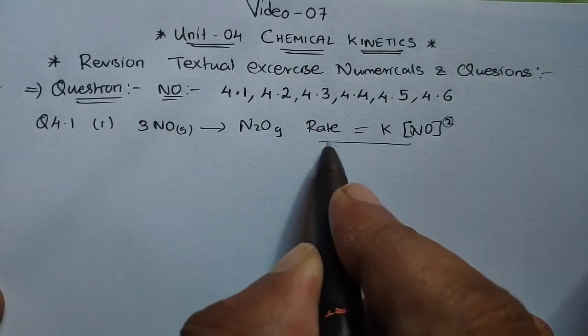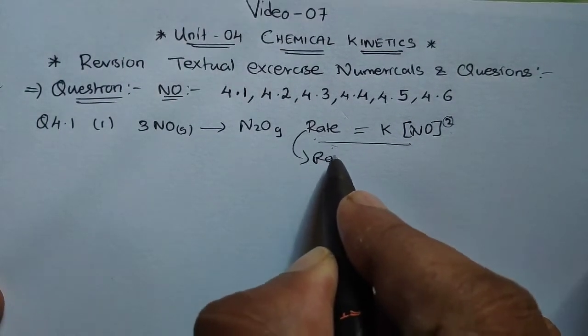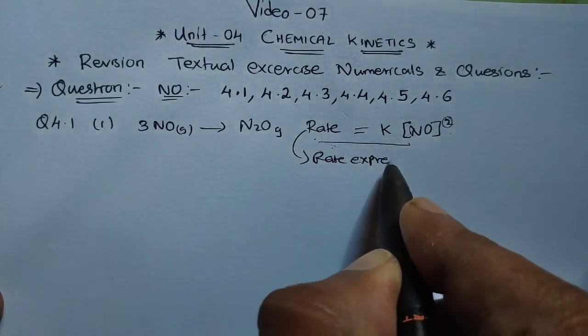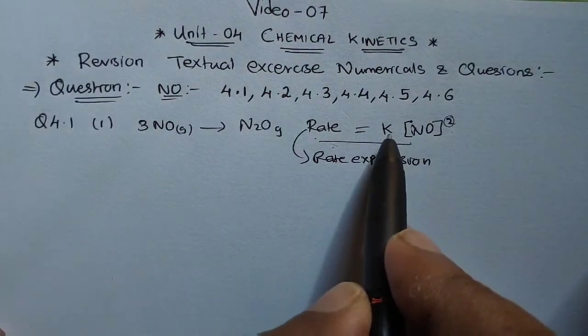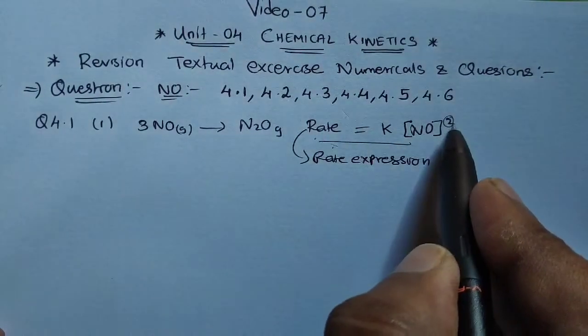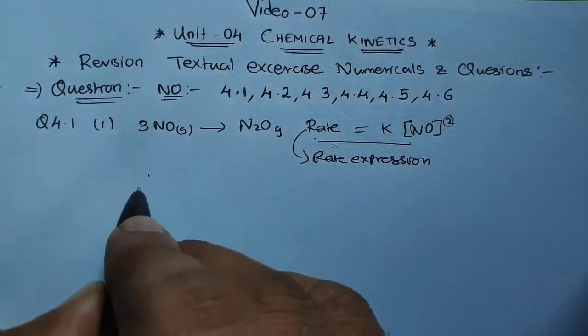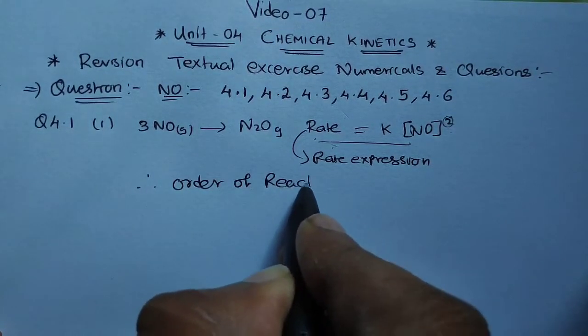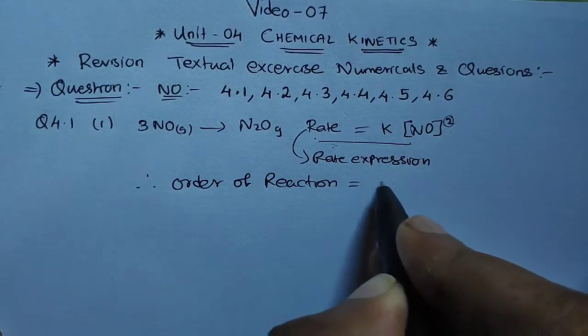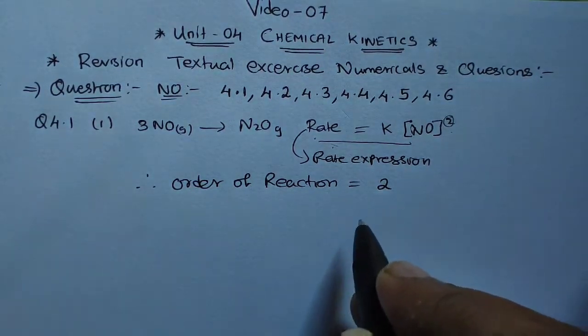From the rate expression you have to determine the unit of K and also the order. The order is clear from this, so you can write: therefore order of reaction is equal to 2. This is a second order reaction.